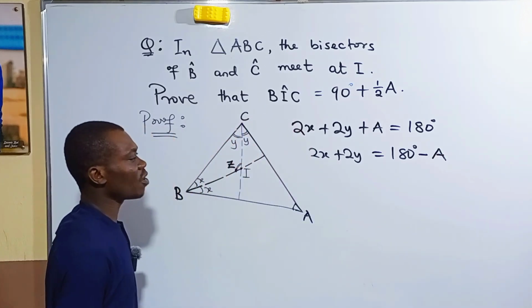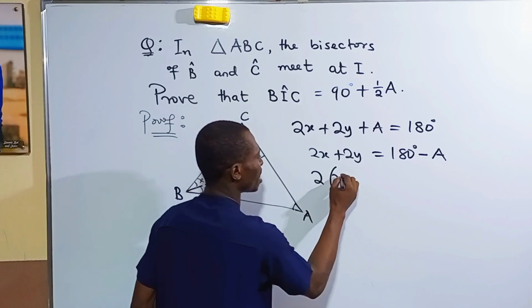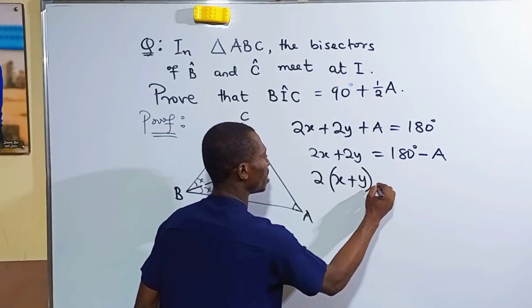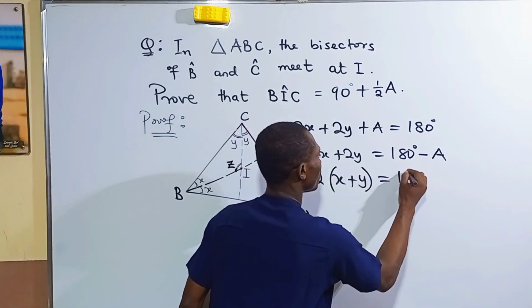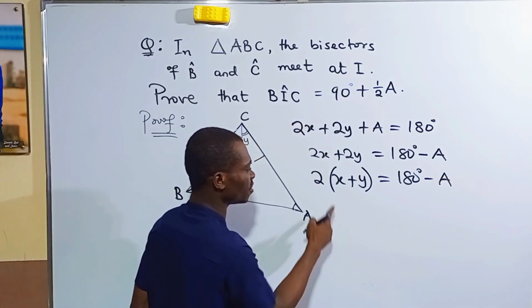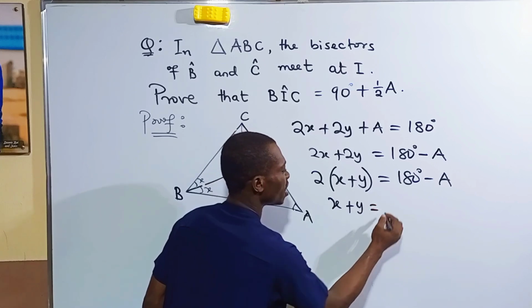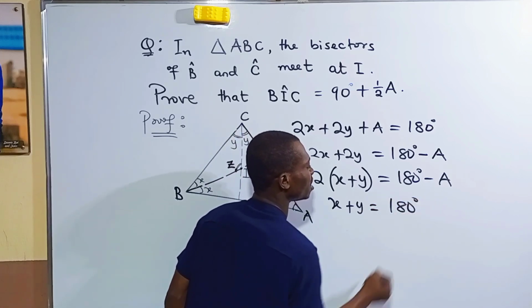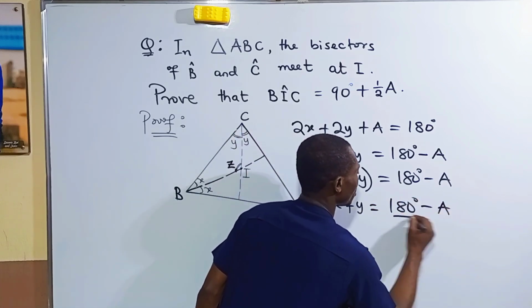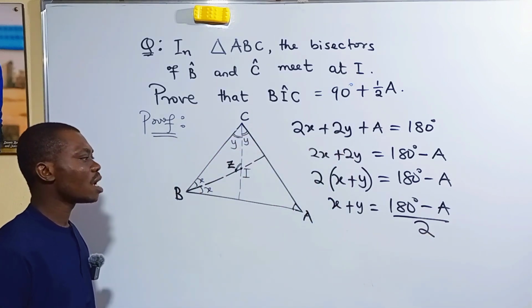If I factorize here, I can leave only x and y, and that gives me 180 degrees minus A. If I divide both sides by 2, I get that x plus y is equal to 180 degrees minus A, all over 2.